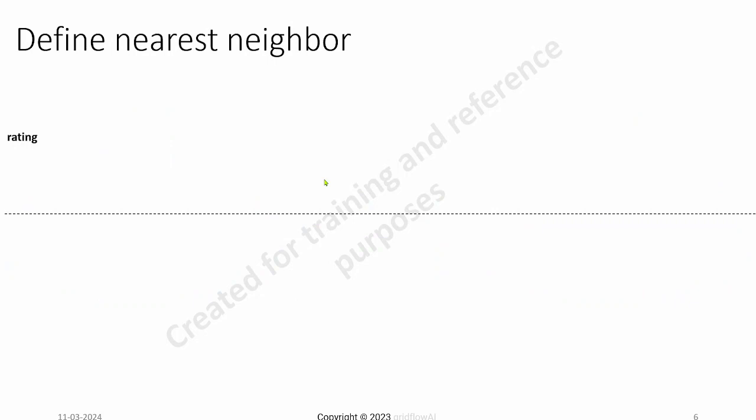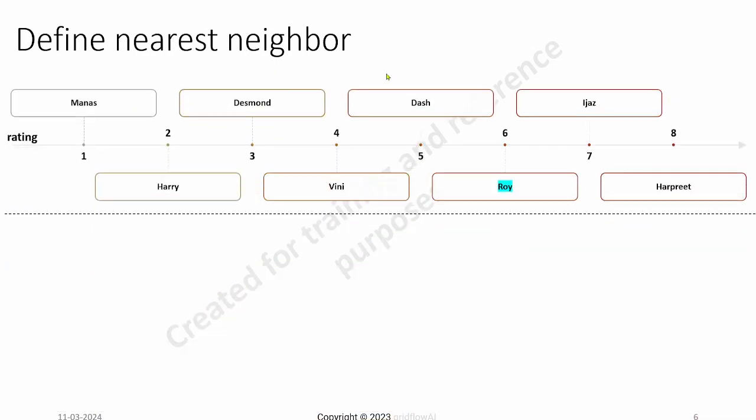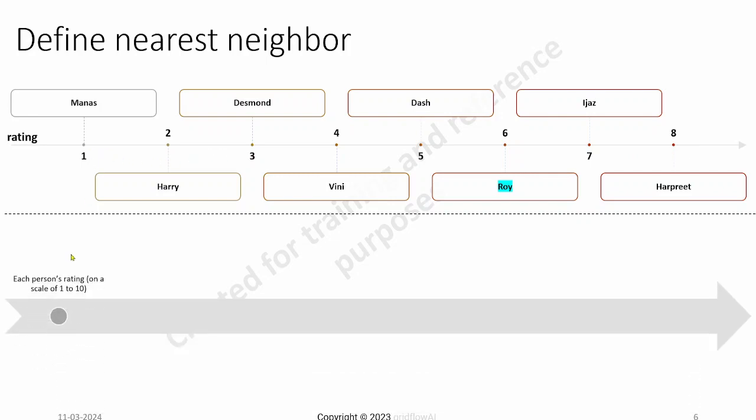Let's take another example, defining the nearest neighbor. Let's say these are people, and the rating of the people is given like 1, 2, 3, 4, 5, 6, 7, 8. The rating is on a scale of 1 to 10, and the rating difference between a pair of adjacent people is 1 unit.